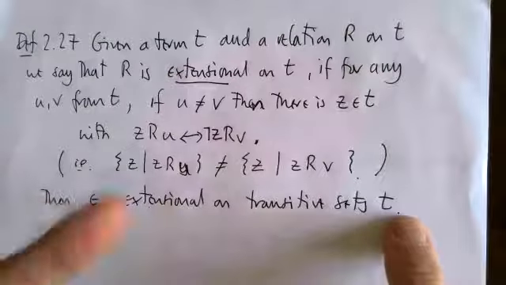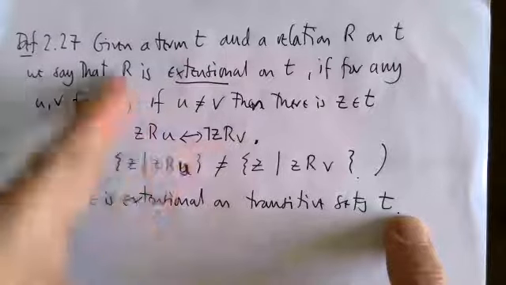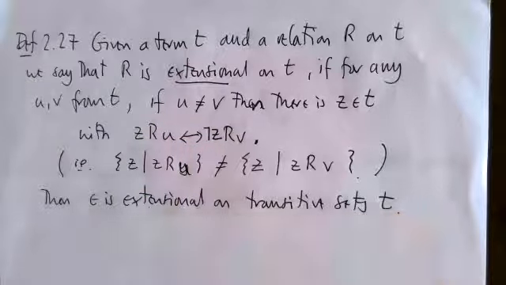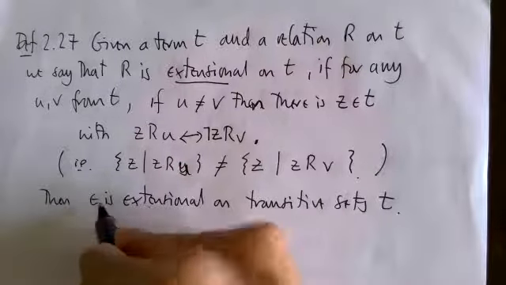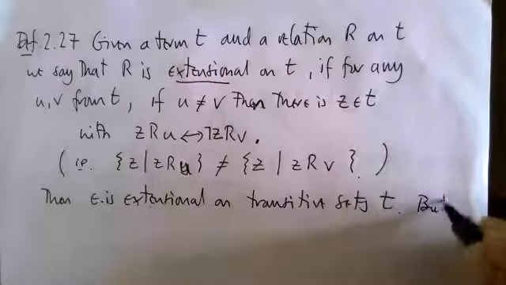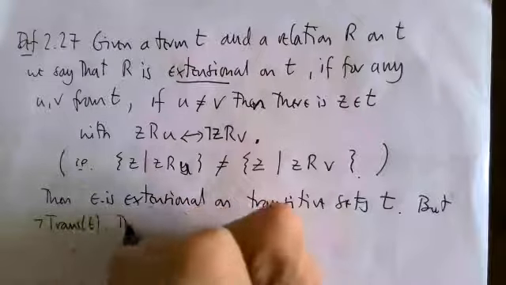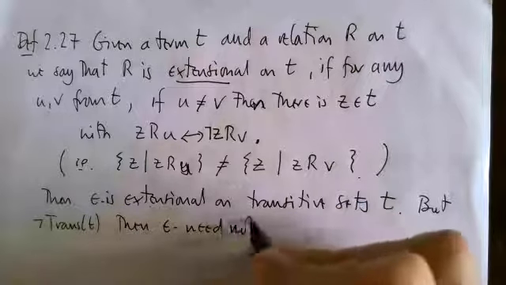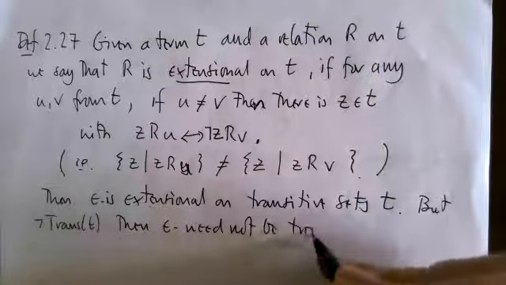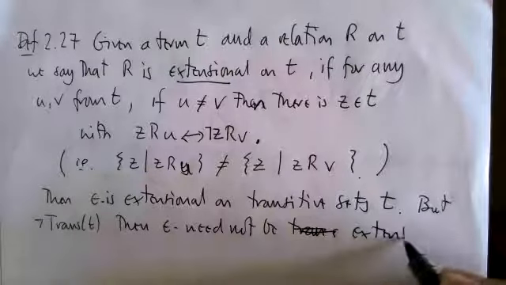After all, that's just what this says, where I'm using epsilon in place of R. But if T is not transitive, it needn't be extensional. So if T is not transitive, epsilon need not be extensional on T.